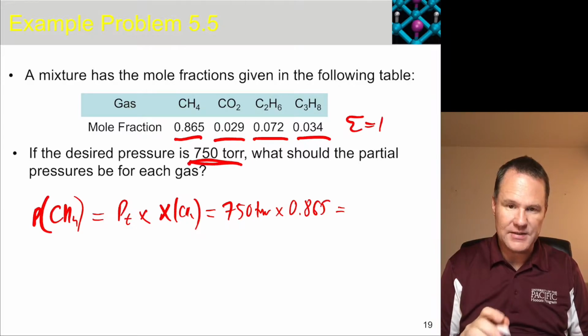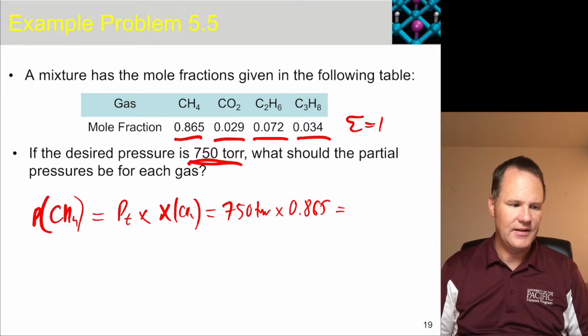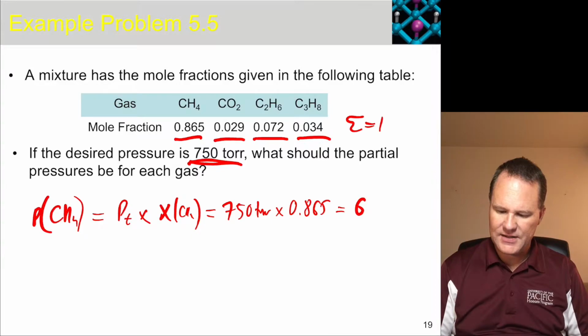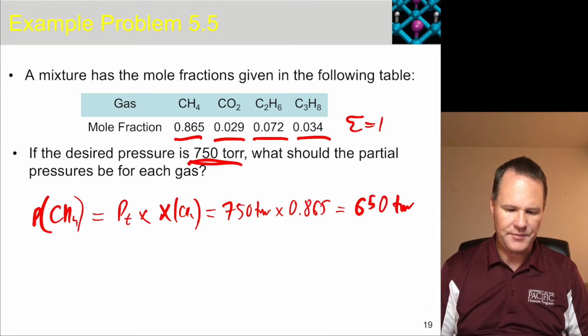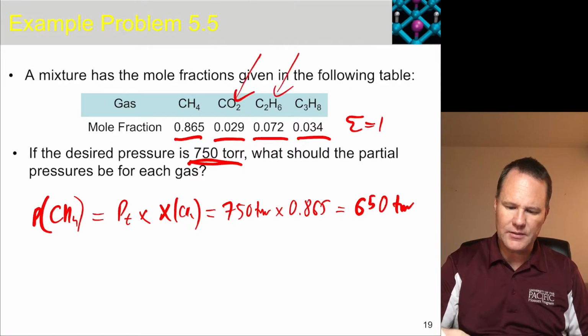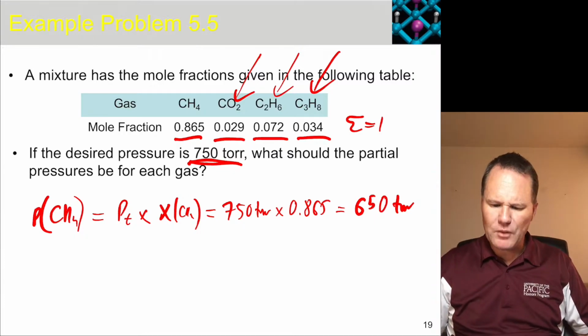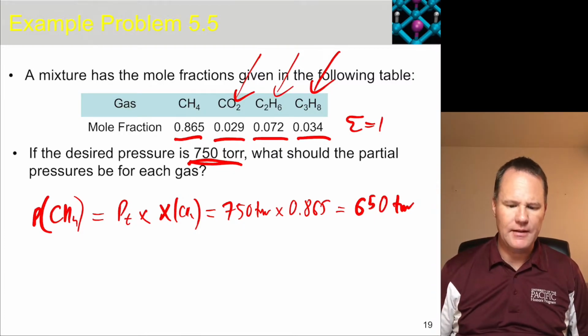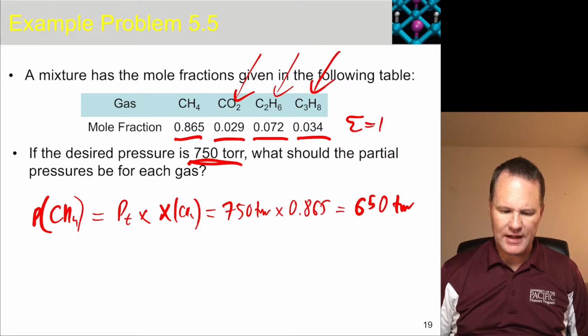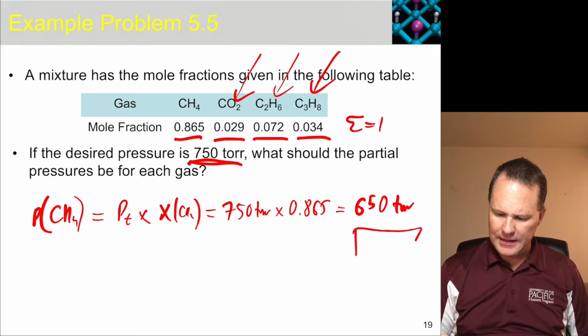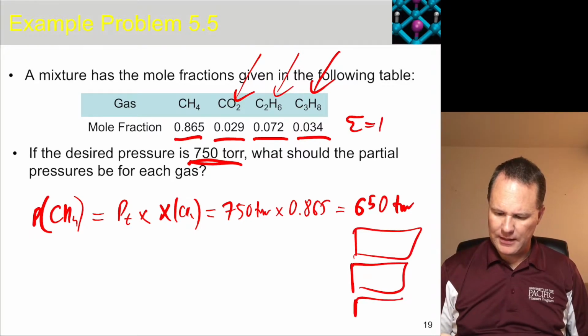But how many sig figs do I have? Well, this guy only has 2 sig figs. Don't forget that the 0 does not qualify in this case, so I get 650 torrs of partial pressure for the methane. And similarly, you can do it for CO2, for ethane, for the propane, just using their individual mole fractions and multiplying with the total pressure, right? And then they have to add up, so you calculate for all three.